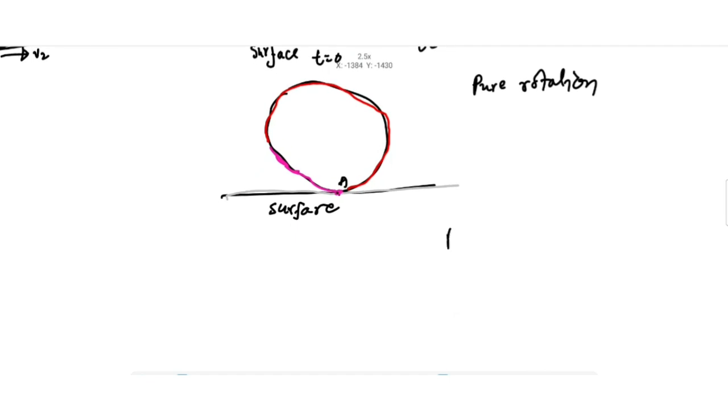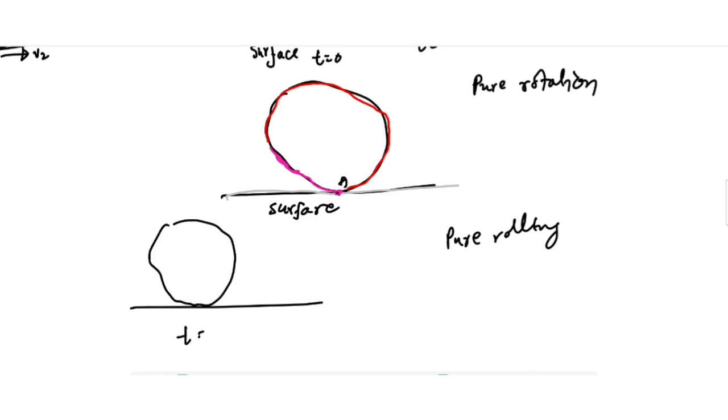Now what is pure rolling? Pure rolling is said to happen if, say, this is the surface, at t equal to 0 it is here, and at t equal to t, it is here. The surface need not be a straight line, it may be any curve also. The surface was initially colored white.